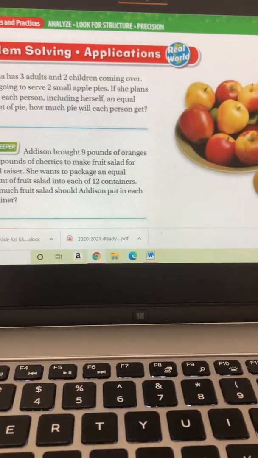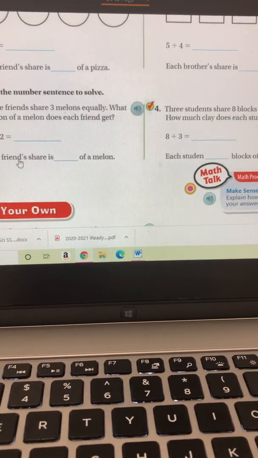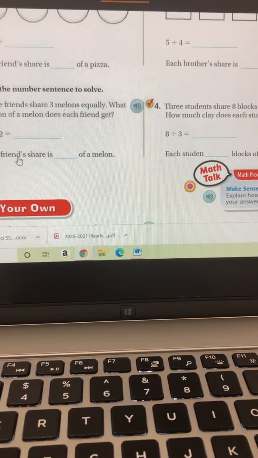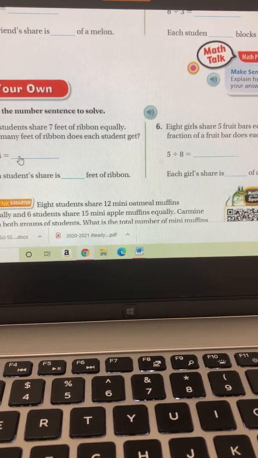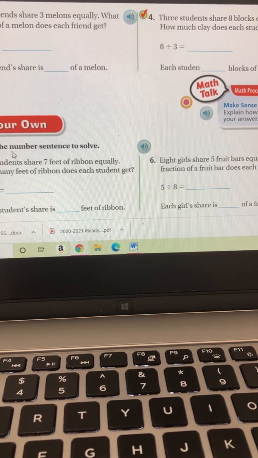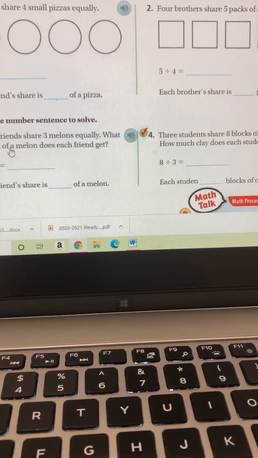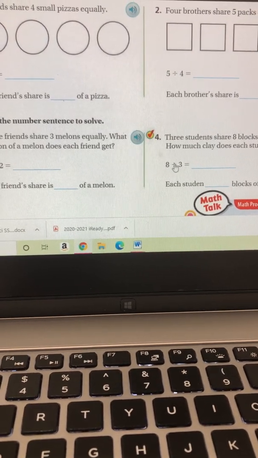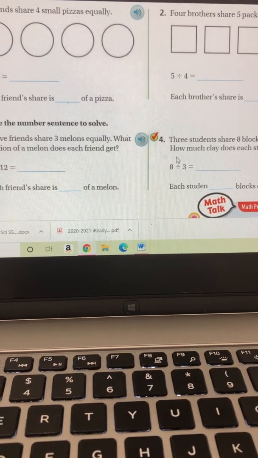Let me go back and see if there's anything that I need to go over. I think that was it. The rest is pretty simple. It's the same thing, just writing each of these as a fraction.